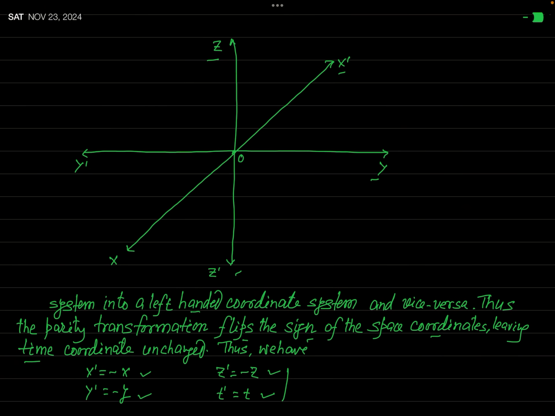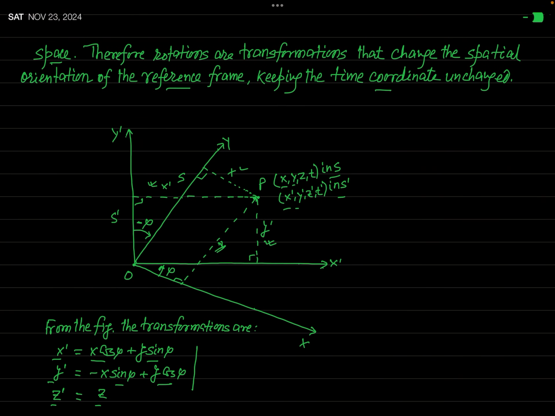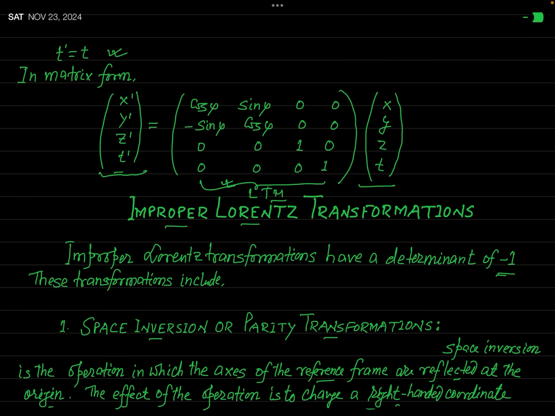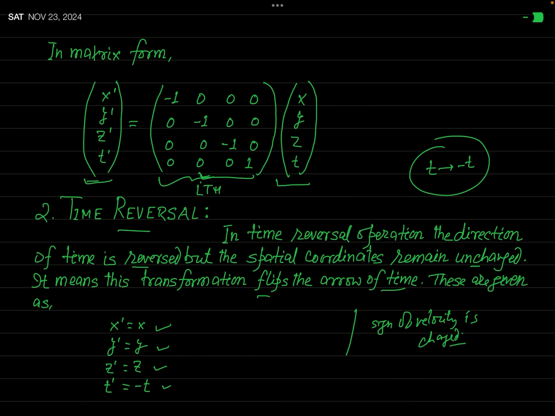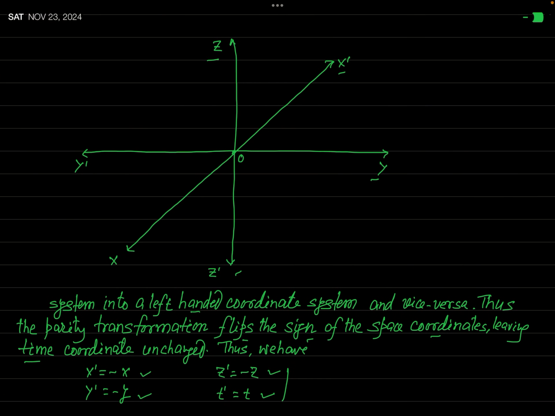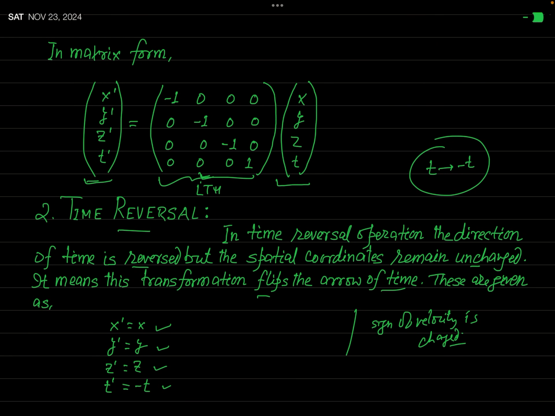So you can see this is just the reverse of the parity operation. In parity operation, the sign of the space coordinates is changed, but the sign of the time coordinate does not change.